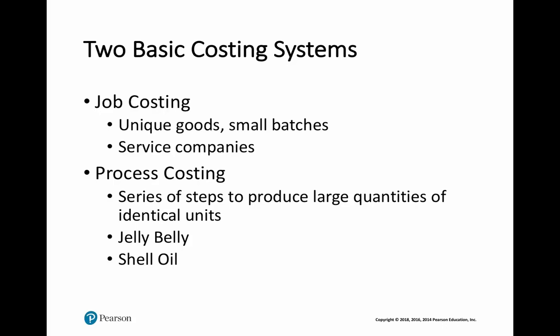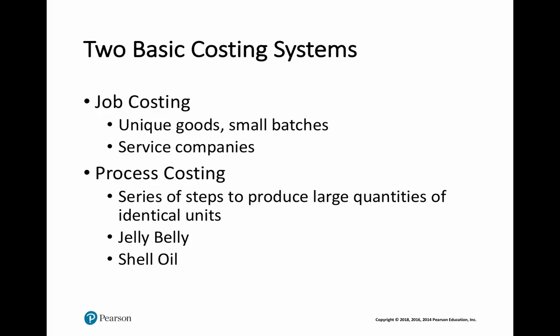Everything is going to get that same process done to it. Large quantities, batches, hundreds and hundreds of products going through, and so we're just going to account for everything on batches. Our examples, Jelly Belly, Shell Oil, Coca-Cola, cereal manufacturers: every one of their products is exactly the same, mass-produced, same product over and over again.